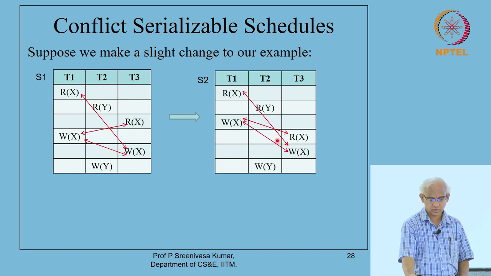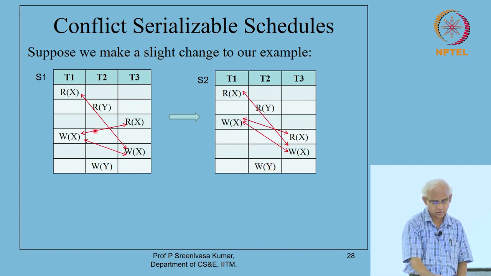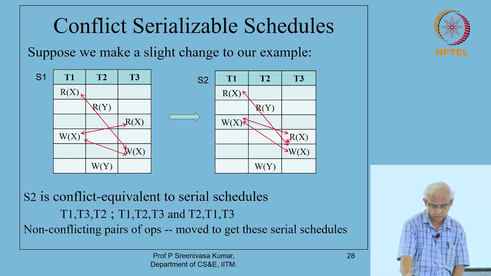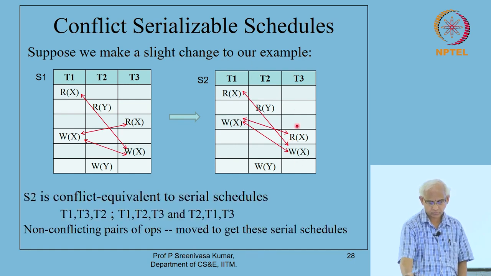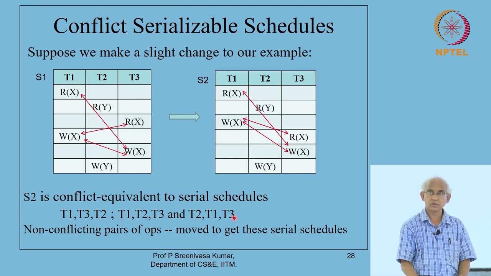In any schedule in which the operations of T1 come before the operations of T3, this is equivalent to that, and the operations of T2 do not matter. So, just by swapping these two things, we are able to show that S2 is conflict equivalent to serial schedules. In fact, it is equivalent to all these serial schedules T1, T3, T2, T1, T2, T3, T2, T1, T3.